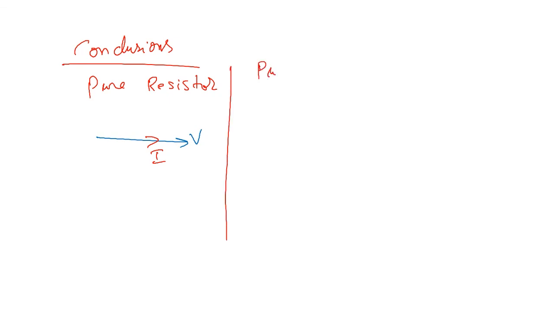Then you talk about a pure inductor. What happened? This is the voltage, and this one is the current. This is the I, and this one is the V. This is the 90 degrees.